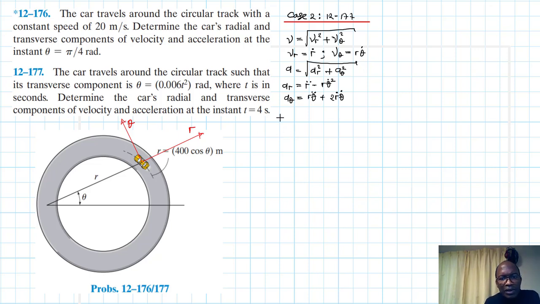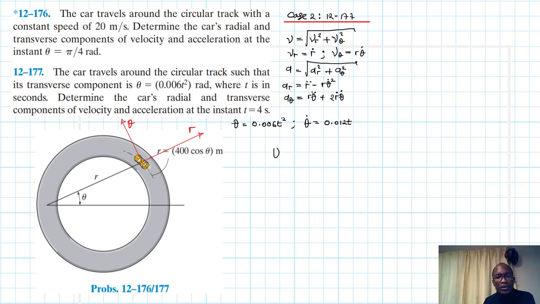What we have here is theta given as a function of time, 0.006 t squared, and therefore our theta dot, the time derivative of theta itself, becomes 0.012 t.